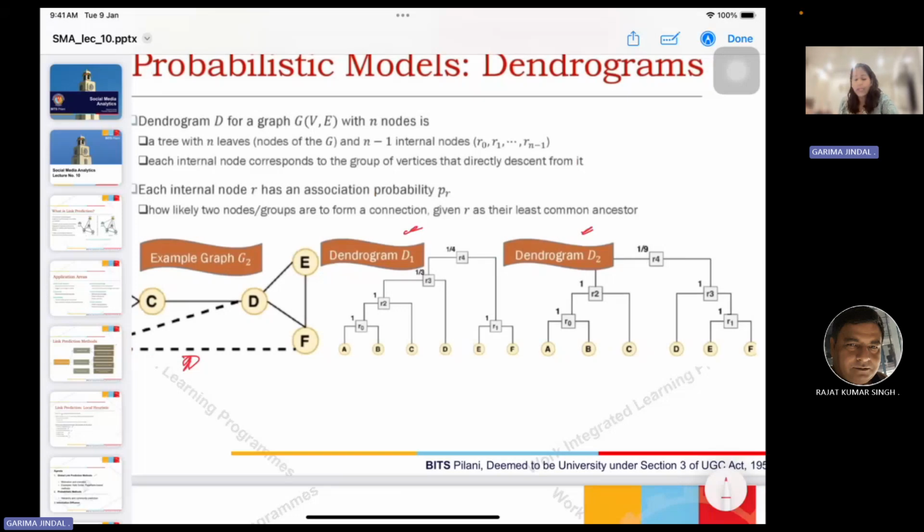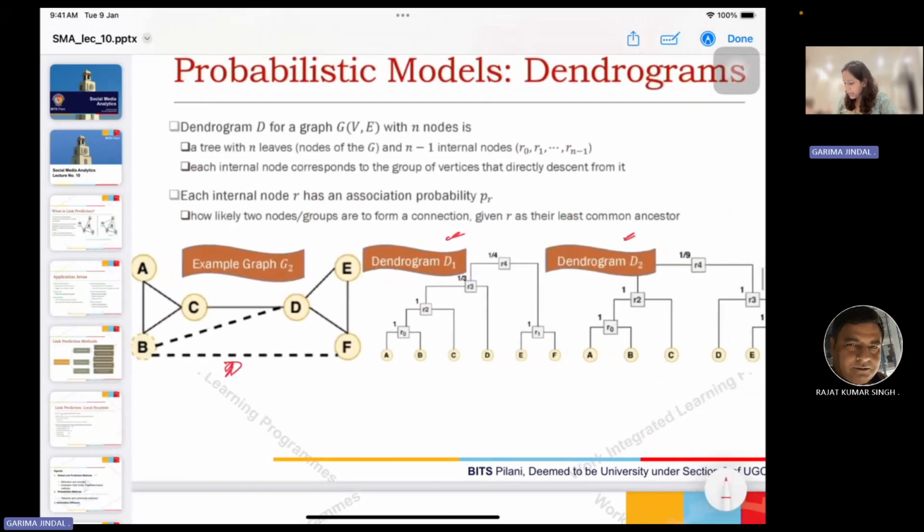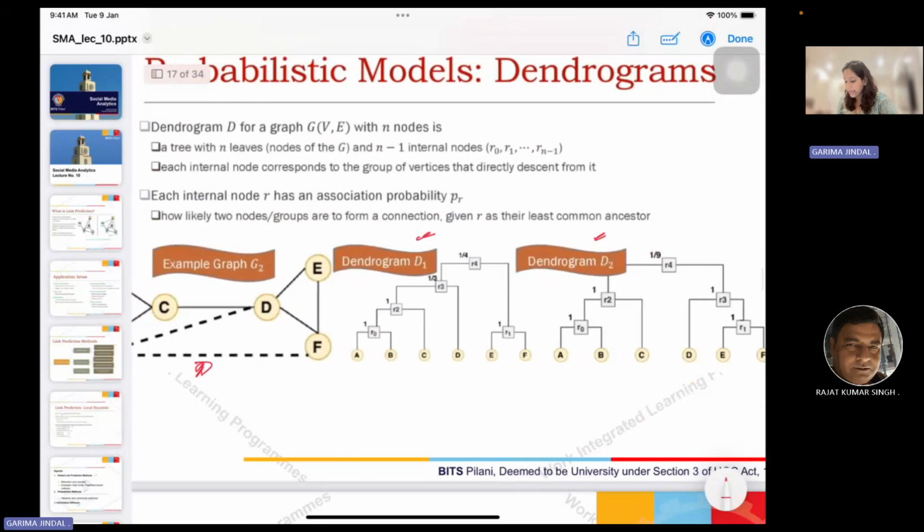Using that score, you can identify the top five dendrograms, and based on those, we can do our further calculation. For now, keep this explanation aside and focus on these dendrograms. This was a network, and let us focus on how dendrogram one is constructed.